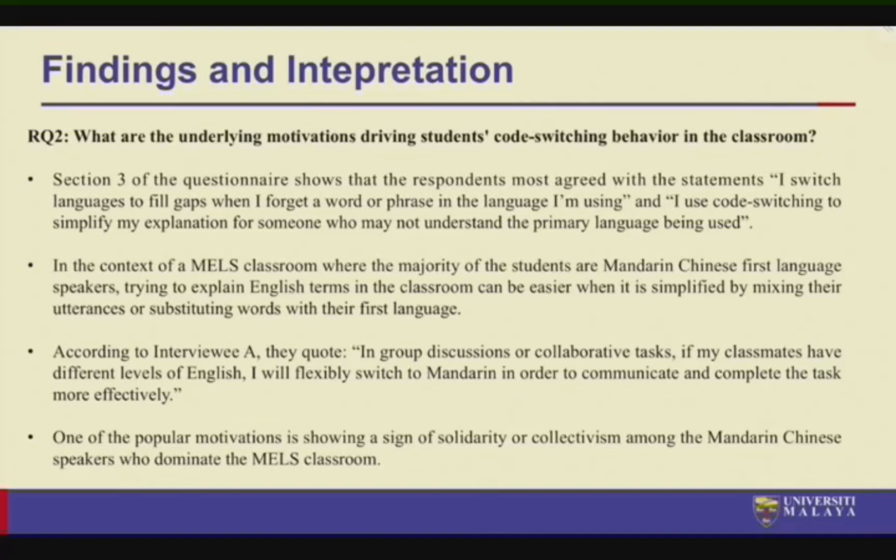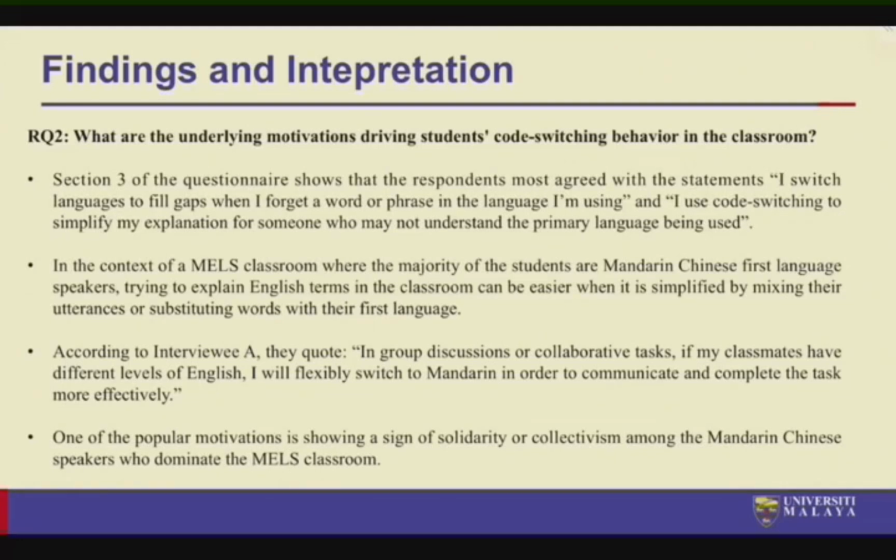the primary language used." In the context of a male's classroom, where the majority of students are native Mandarin Chinese speakers, code switching often becomes a useful strategy when students need to explain English terms or concepts. It's often easier and more efficient to simplify their utterances by mixing in Mandarin or substituting certain words with the first language.